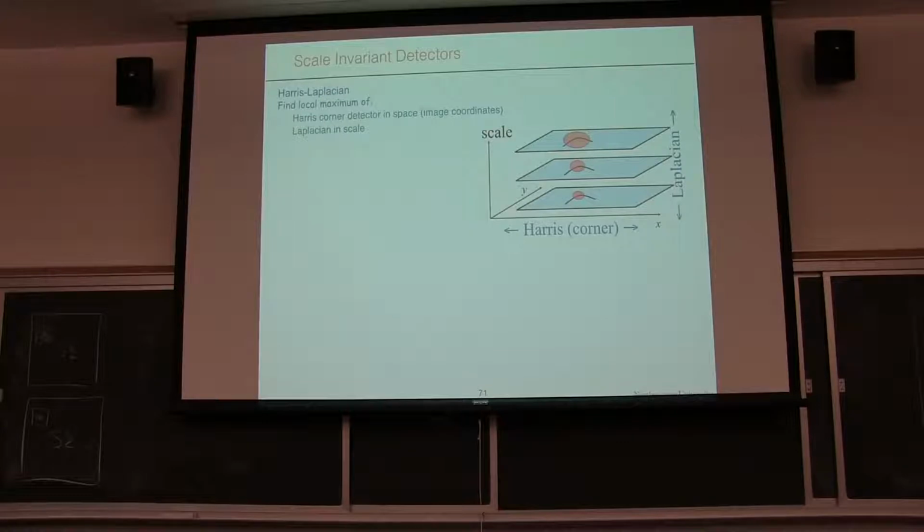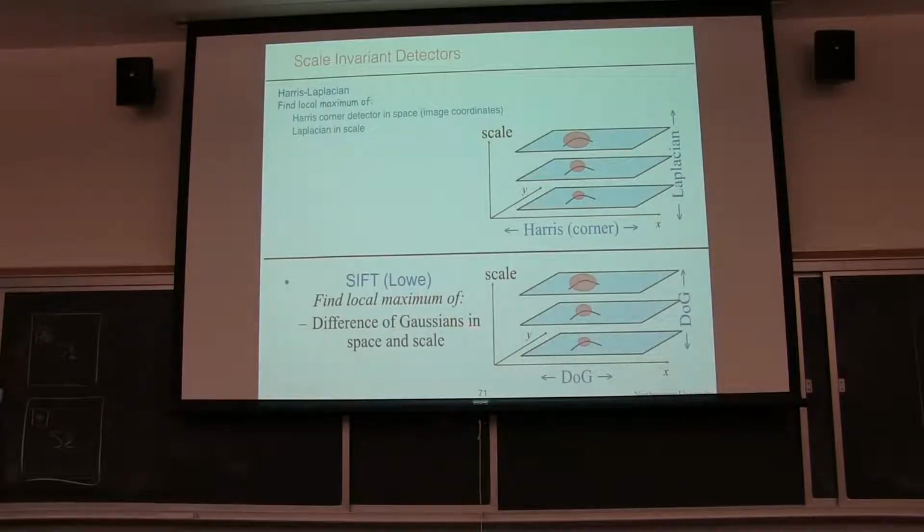And so this diagram means we have Harris corner applied at each level, and then we have different scales, and the scales are obtained by doing the Laplacian. Now, at the same time, David Lowe introduced SIFT. SIFT is more than just a corner detector. It actually has a way of representing that corner, so it's useful for matching. We're going to talk about that later when we talk about stereo.